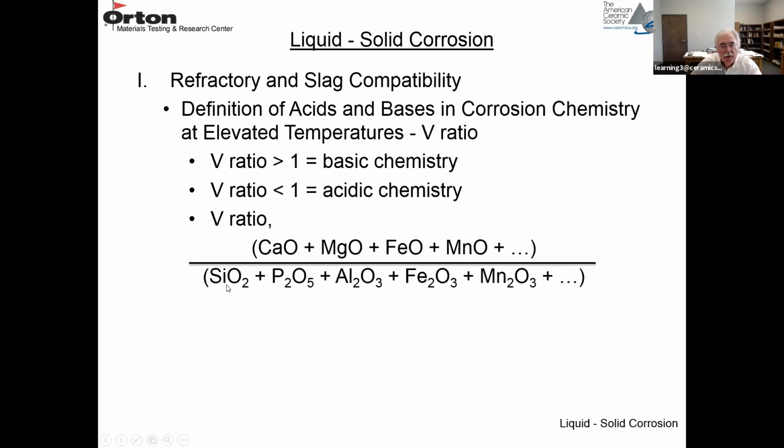In the denominator, we have the acidic components, SiO2, P2O5, Al2O3, Fe2O3, and Mn2O3. So you get the percentages of each one of these components in your chemistry, and you see if the ratio is less than 1 or greater than 1. If it's greater than 1, it's basic. If it's less than 1, it's acidic.